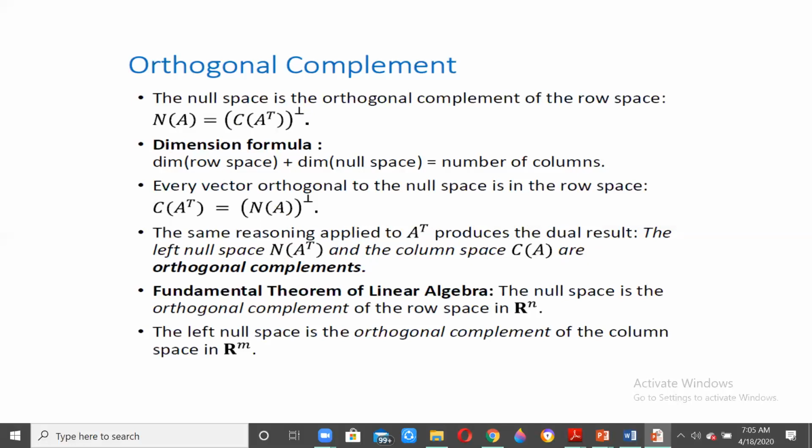The fundamental theorem of linear algebra says the null space is the orthogonal complement of the row space in Rn, and the left null space is the orthogonal complement of the column space in Rm, where A is an m by n matrix, m being the number of rows and n the number of columns.